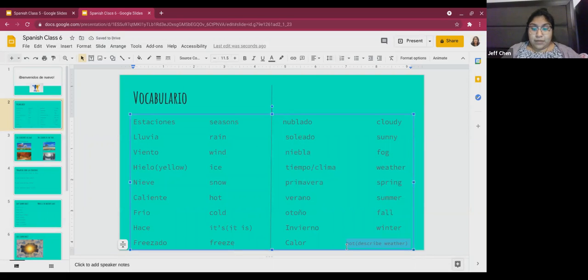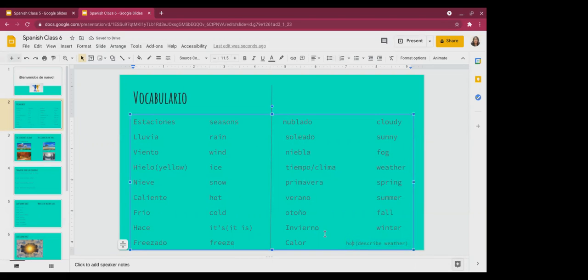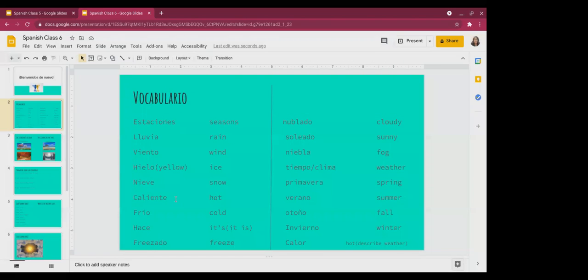So caliente is just hot, not different for the weather. It's just that thing is hot. I mean, the cup of coffee is hot, está caliente. And when we mention the weather, then we will say calor. Yes. Okay.